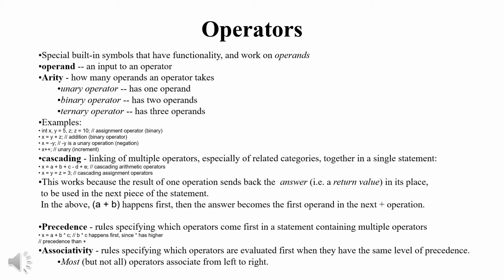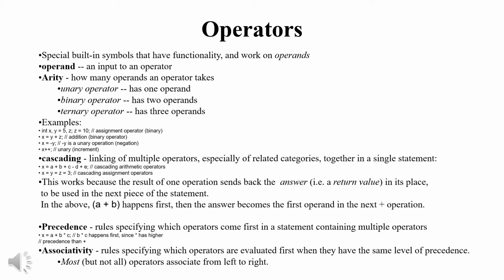So as you see, we have several operators and several operands, all in a single line of code. So this is cascading arithmetic operators. Arithmetic because the operators that you see here are all plus and minus. So they are arithmetic operators.